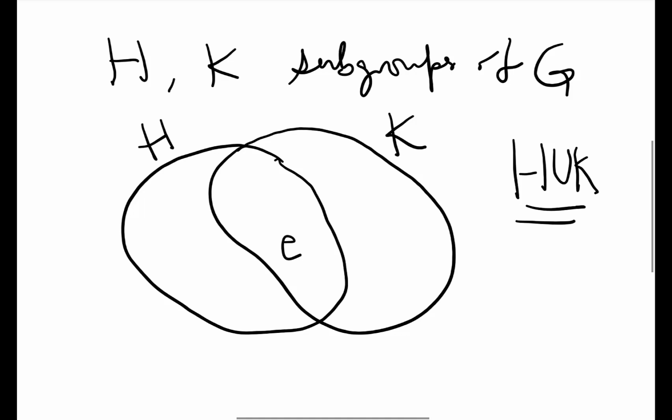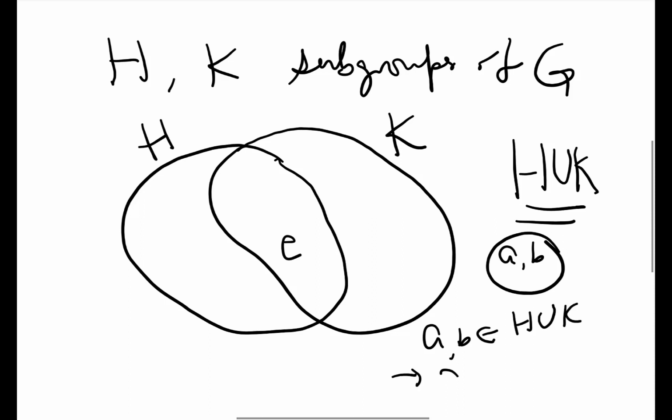Now, remember this: if a and b are in H union K, then if we could show that a b inverse is in H union K, we are done. We are taking the situation where H union K is neither H nor K, and e is a common element.